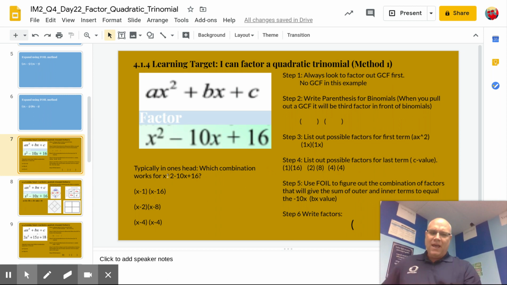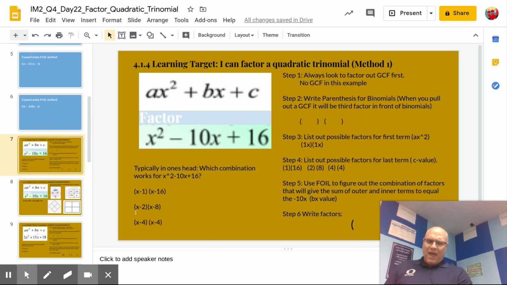So in my head, I'm thinking, okay, it could be x minus 1 times x minus 16. It could be x minus 2 times x minus 8. It could be x minus 4 times x minus 4. Which one is going to work? Well, if you do x minus 1 and x minus 16, when you get the b value in between, you're going to get negative 17x. When you do negative 4 and negative 4, you're going to end up getting negative 8x, so that's not going to work.